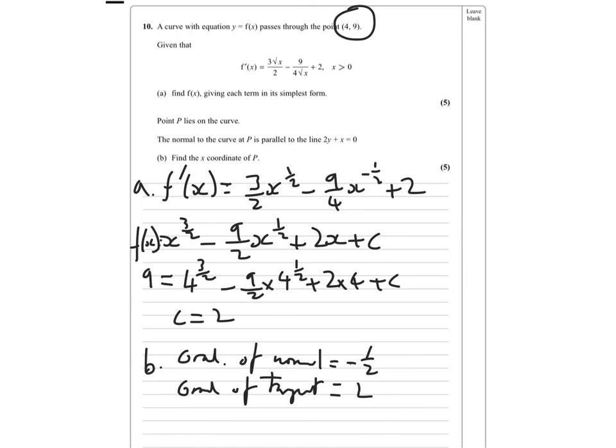Alright, because you know the gradient of the tangent and normal multiply to make minus 1. You then make your gradient function equal to 2, solve it, and you get your x coordinate, which is 1.5 or 3 over 2, whichever you want to call it.